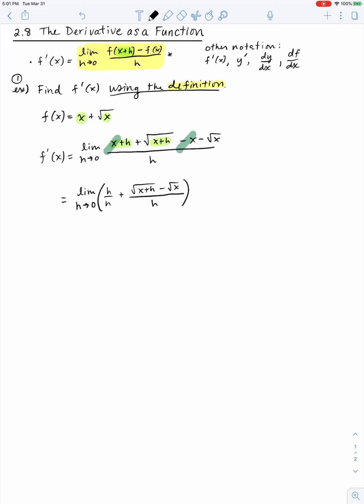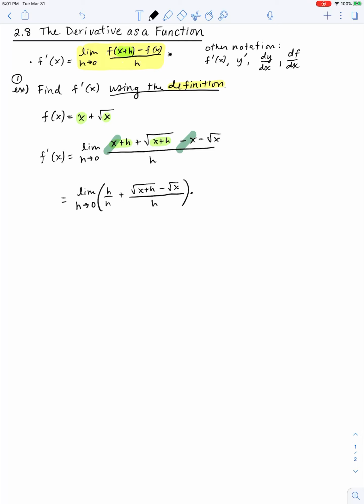I better put parentheses around that because it's more than one term. The reason I broke the fraction up into two pieces was so that the conjugate would make sense. If we have three terms, we would have to do grouping, and since we have two different square roots, to make them both go away we need to separate it like this.